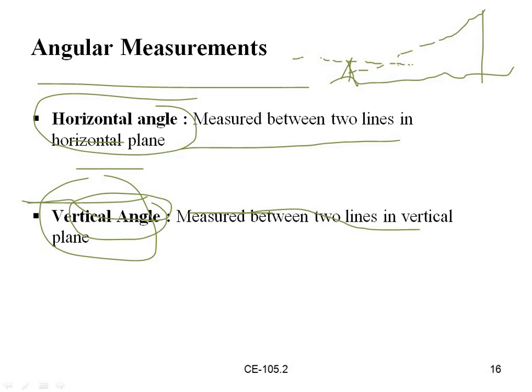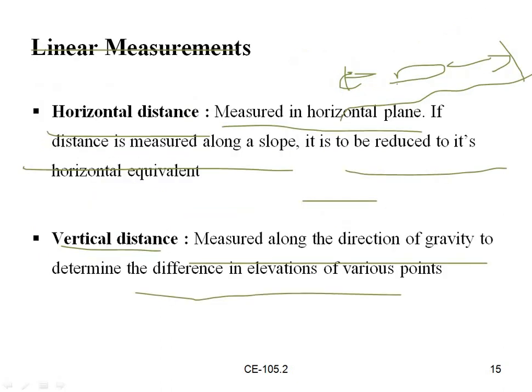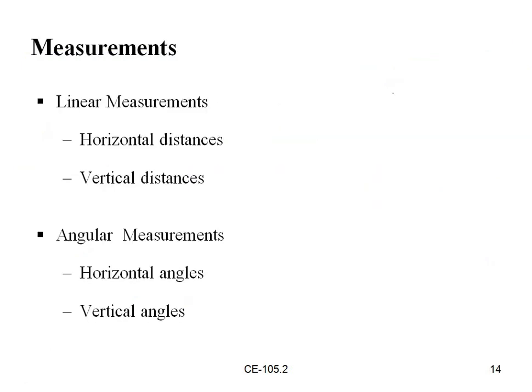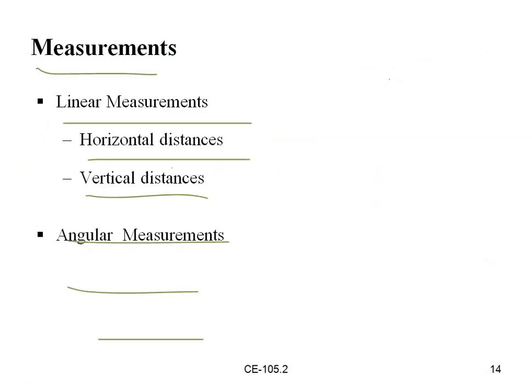So let us see, we call them horizontal distance and vertical distance also. We have seen these linear measurements in the horizontal and vertical distances.